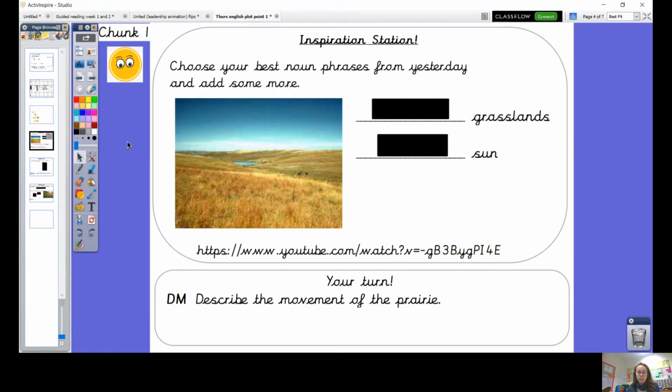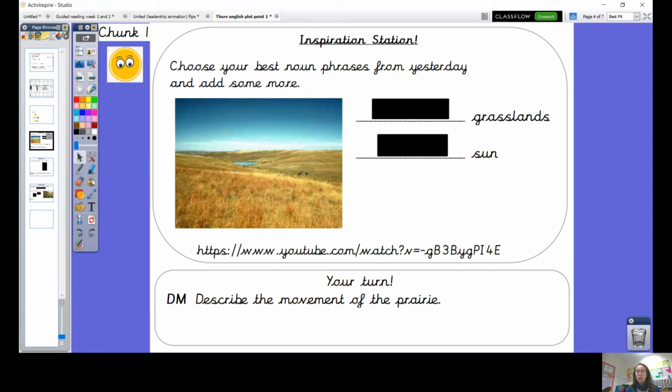So our chunk 1. We want to be using some noun phrases in this chunk. I'd like you to look back in your book from yesterday again and choose the best or your favourite noun phrase from yesterday, and we're going to be adding some more in now. In my sentence, I'm going to be describing the grasslands in general, and I'm going to be describing the sun.